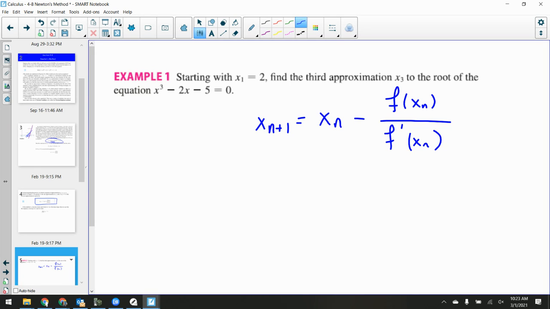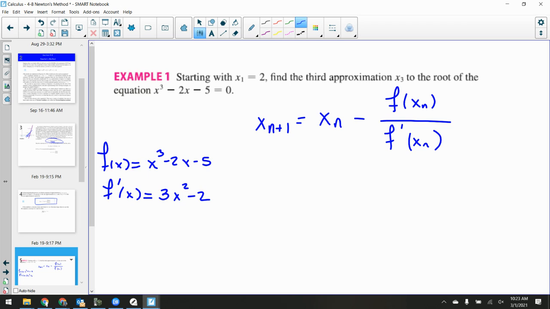So what does that mean? That means that f of x is going to be x to the third minus 2x minus 5, and f prime of x is going to be 3x squared minus 2. I find f and I find f prime, and then I start the process with x1.